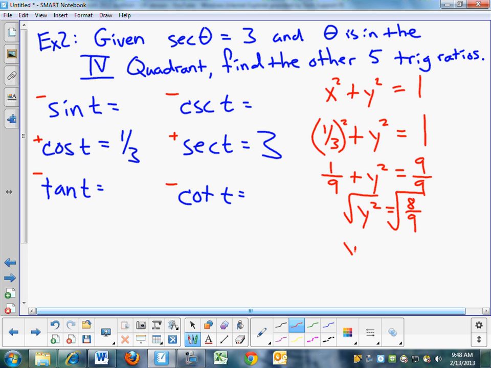Square root. y equals, do I have the positive or the negative? 2 square roots of 2 over 3. Stewie, you said that it's going to be the negative one. Explain yourself. It's in the fourth quadrant. All right, so sine is going to be, because our r value is 1, y divided by r, just the negative 2 square roots of 2 over 3.